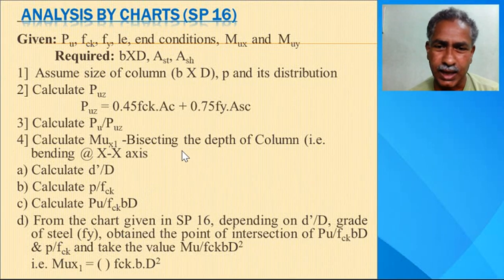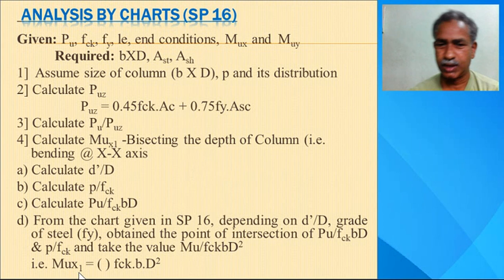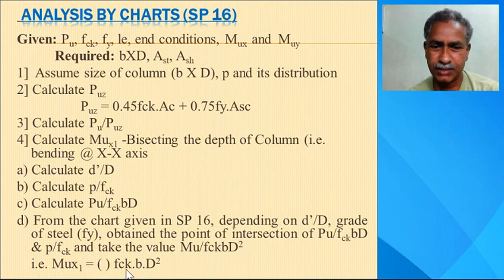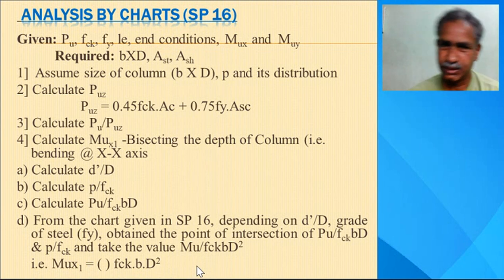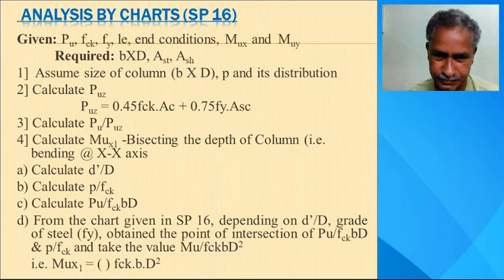As Pu is 0 and MUY is 0, this is MUX1. So MUX1 is equal to some constant multiplied by FCK into BD square, because MUX divided by FCK BD square equals that value from the SP16 chart.